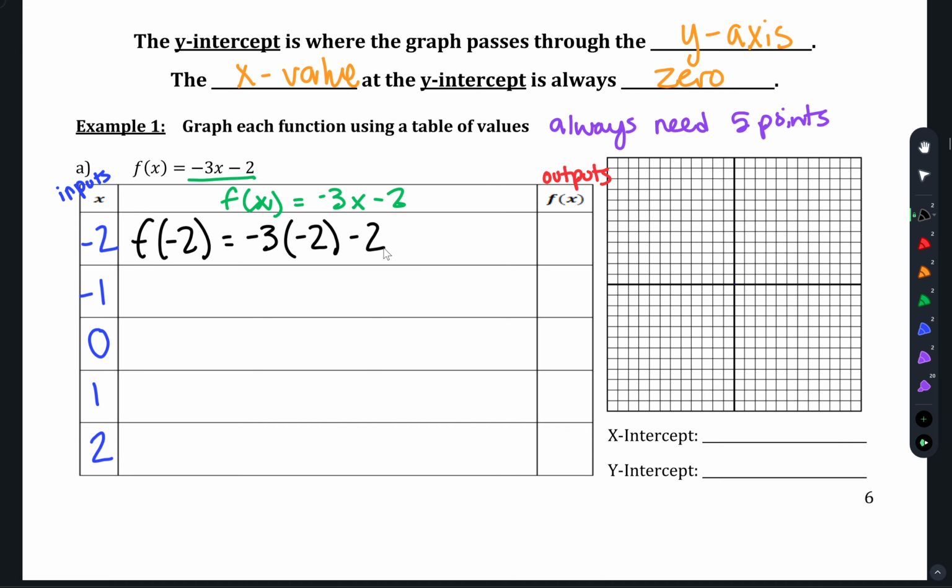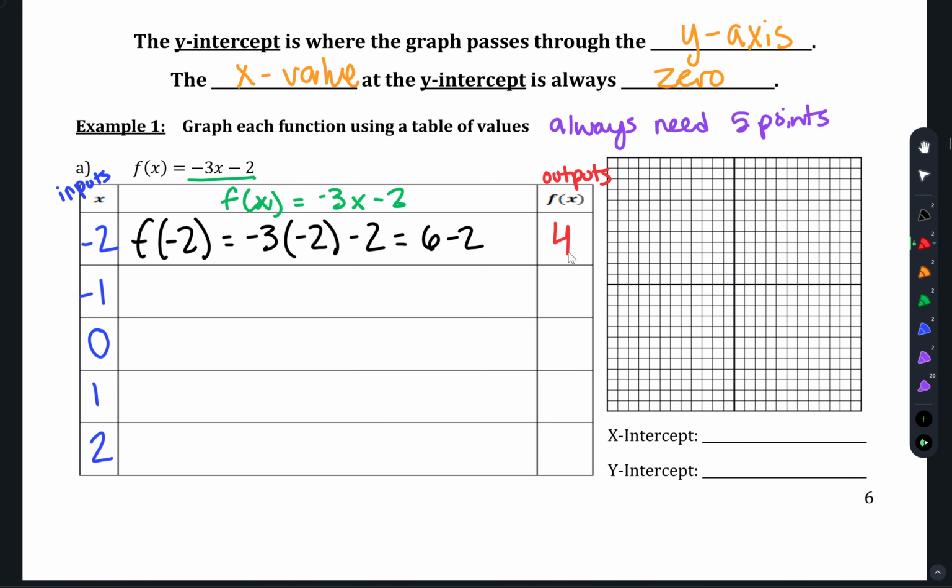If from this step you want to put it into your calculator, or do the mental math and just figure out what the output is, that's fine by me. I like to do a couple steps in here. So negative 3 times negative 2 is 6. 6 minus 2, my output is 4.